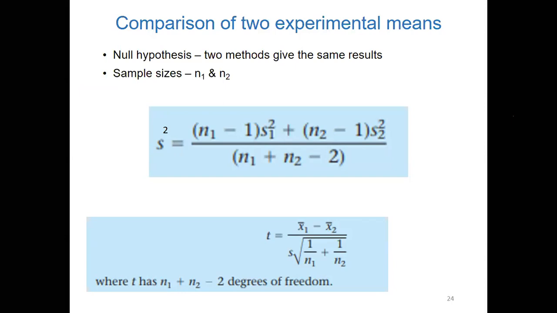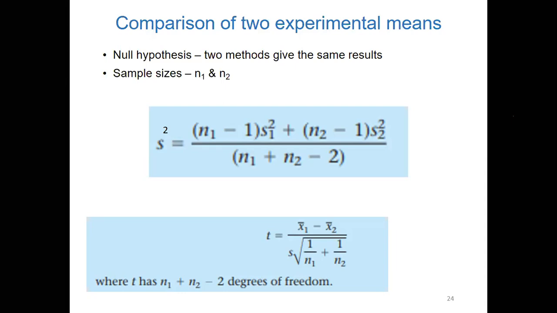The null hypothesis, always a positive hypothesis, is that the two methods give the same result. That is the null hypothesis we made at the beginning, and we are going to test whether these two methods give the same results or not.